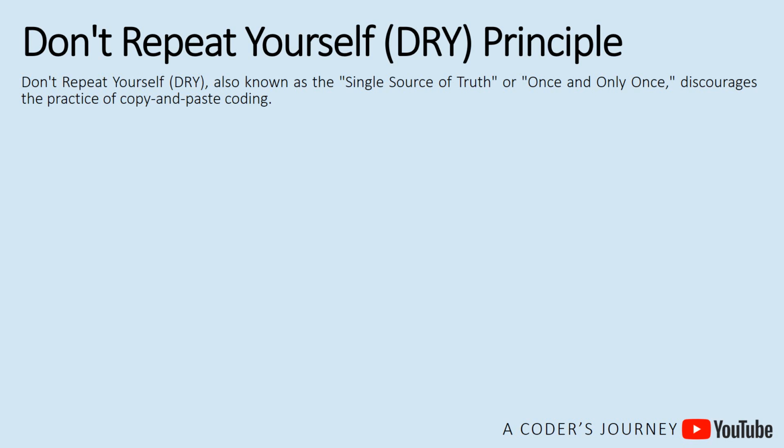So whenever you see yourself copy pasting a piece of code or a method or a piece of logic here and there in your code base, this means that you are violating the DRY principle. And of course, there are many disadvantages to copy pasting your code or to have code duplication, which is also a code smell, right? And I will talk about code smells and refactoring in other playlists probably.